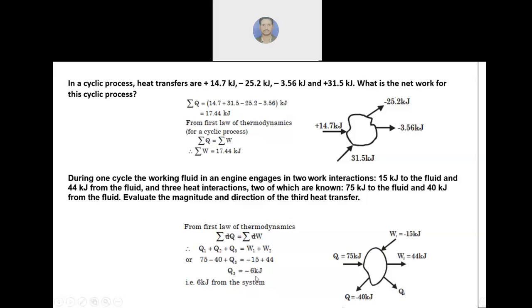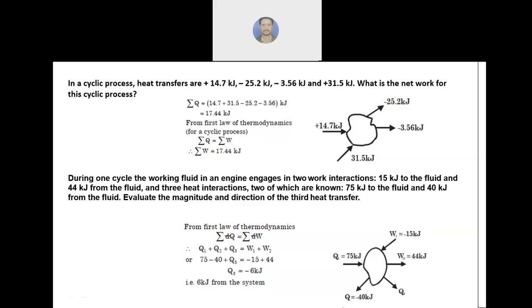The minus shows the direction and 6 is the magnitude. Minus means heat is coming out of the system, so the system is losing 6 kilojoule of heat. This is the final outcome.